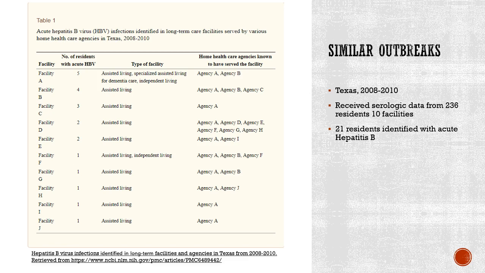So the author recommended that the providers and staff of the agencies and facilities become more aware of infection prevention measures, such as disposing of needles properly and making sure they don't share. She also recommended that the agencies implement regular training intervals for diabetic care and vaccinations for the residents.